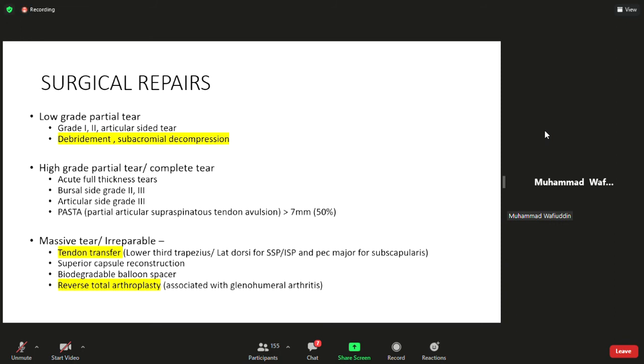After the operation, we can ask the patient to go to physiotherapy, give analgesics. If a high-grade partial tear or complete tear, we can do a repair. And if there's a massive tear which is irreparable, we can do tendon transfer, and we can do a reverse total arthroplasty.